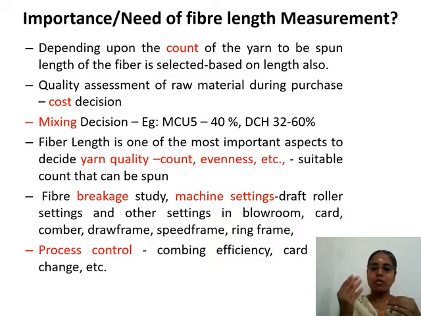You may have four top and four bottom rollers, and accordingly it will change. The distance between the two nips is mainly based on your fiber length. It is usually 2.5% span length plus 2 or 3 mm, or nowadays they are using 5% span length as the setting for those machines. So these settings are based on your fiber length. So you have to determine fiber length.